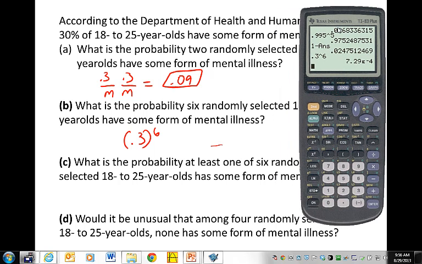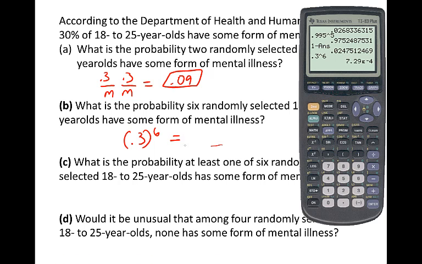We never really write it that way, 7.29 e negative 4. So let's write this as 0.000729. So just remember scientific notation. This is 7.29 times 10 to the negative 4. And we just shift the decimal point over 4 places to the left when it's negative.